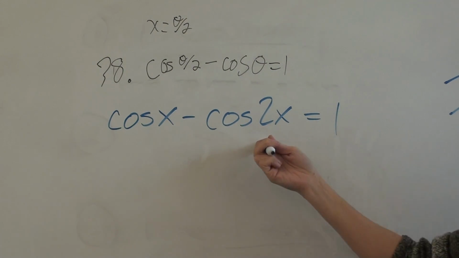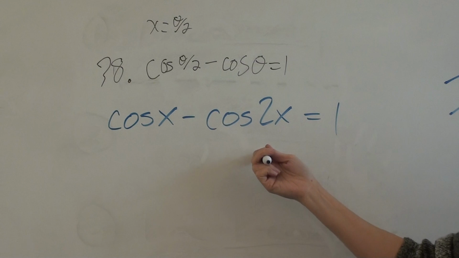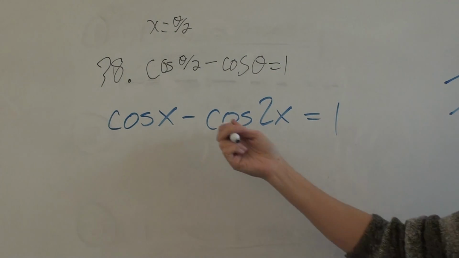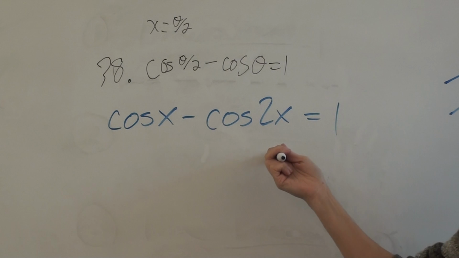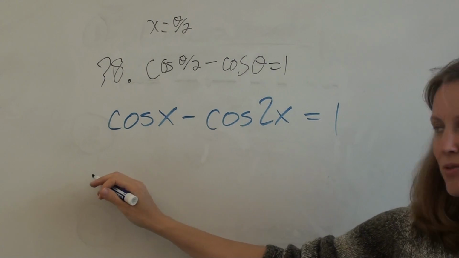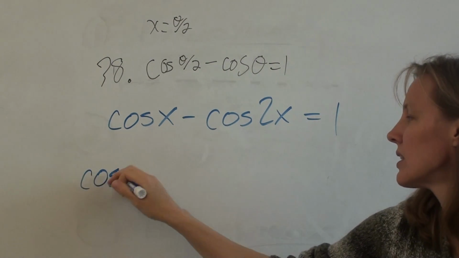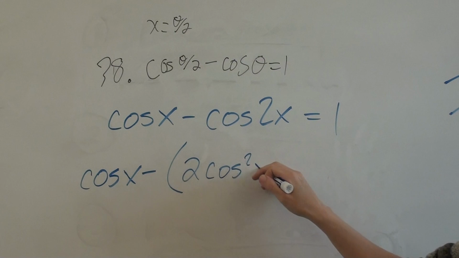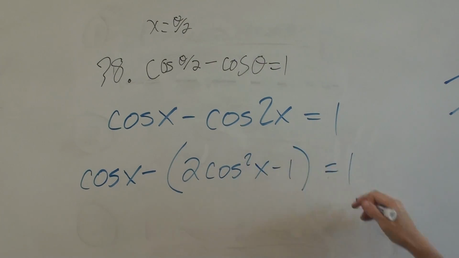Now, we just need the double angle identity for cosine, which we should all know, right? There's 3 of them, but this is a cosine problem, so I'm going to pick the one that uses cosines: 2 cosine squared x minus 1. Beautiful. So I have cosine x minus quantity 2 cosine squared x minus 1 equals 1.